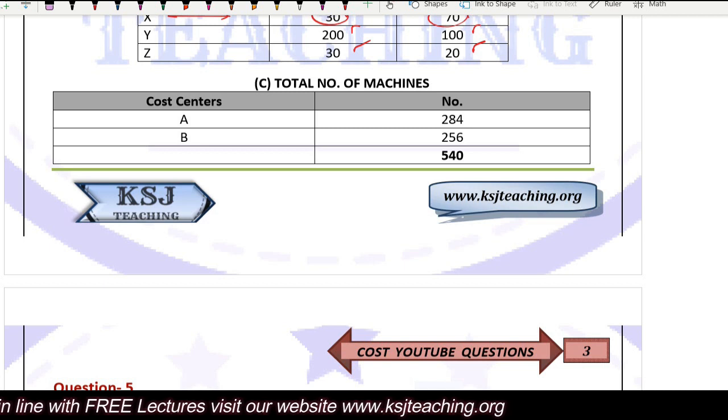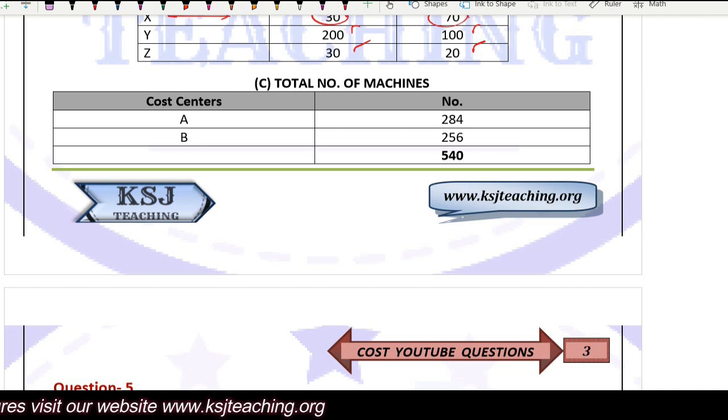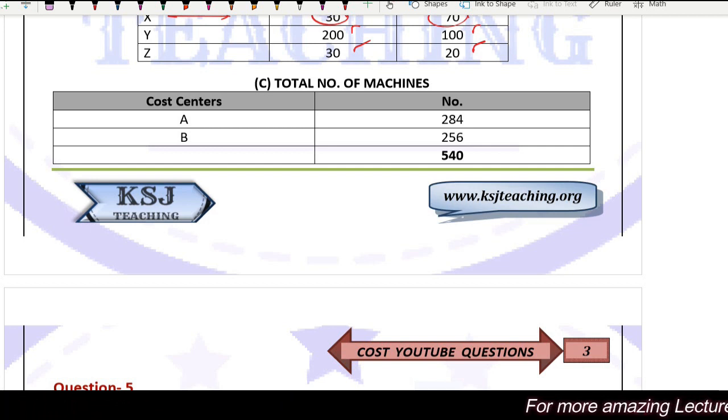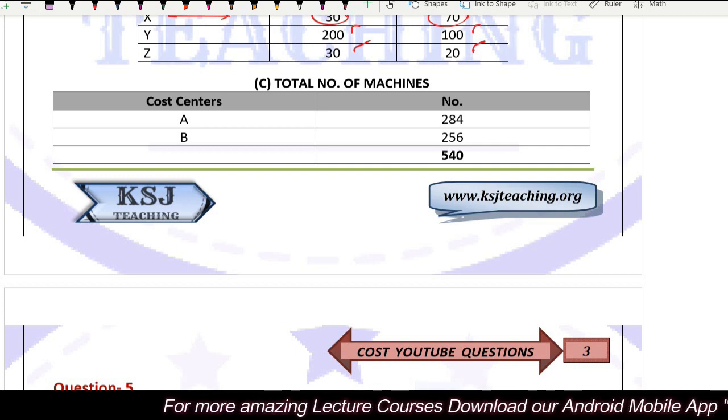This is the number of machines that are available in A and B. So total 540 machines are available, right?